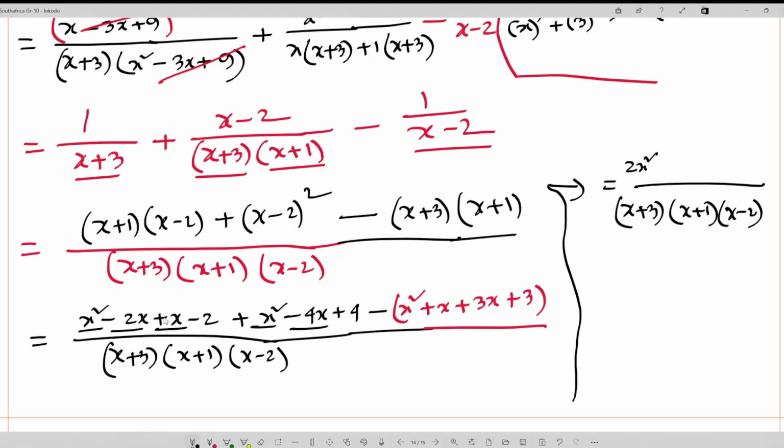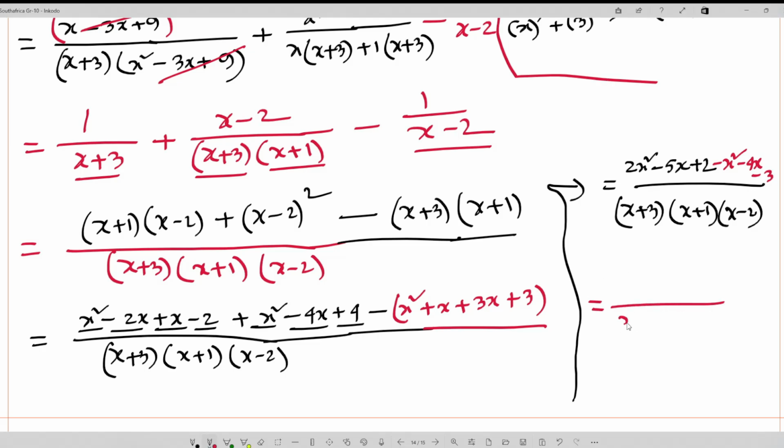So we can write minus 4x minus 2x, it means minus 6x plus x, so we can write minus 5x. And here is minus 2 and here is plus 4, so we can write plus 2. And here the sign will be changed, so minus x square, here 3x plus x means 4x, so we can write minus 4x, and finally here is minus 3.